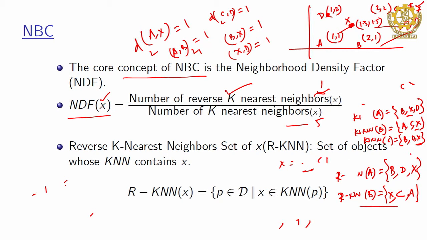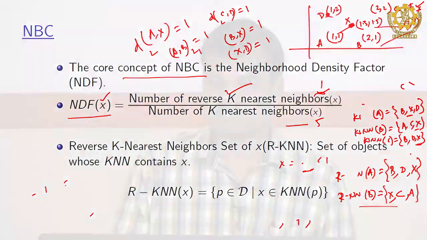This is just one example, where the NDF value will be 1 and the other point's NDF value is 1, but in general the number of reverse k nearest neighbors can be more than the number of k nearest neighbors. Now, based on the value of the NDF, we do the following.